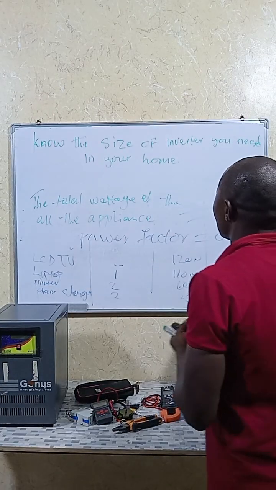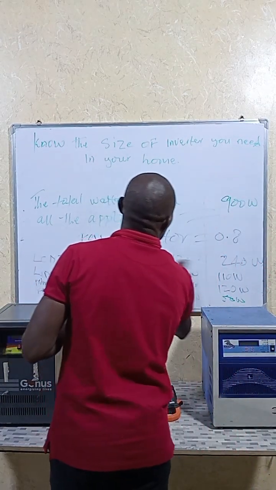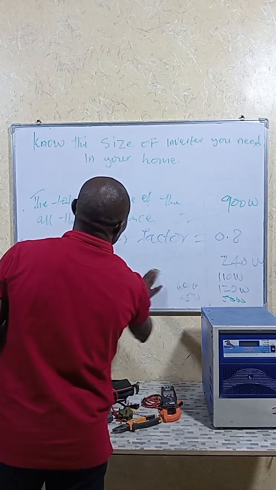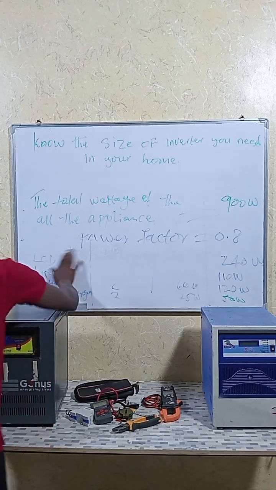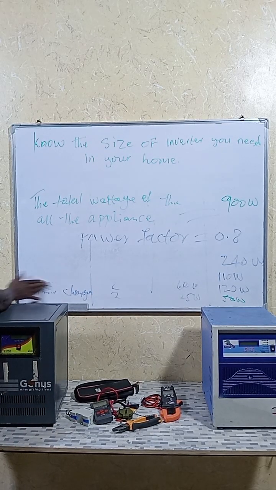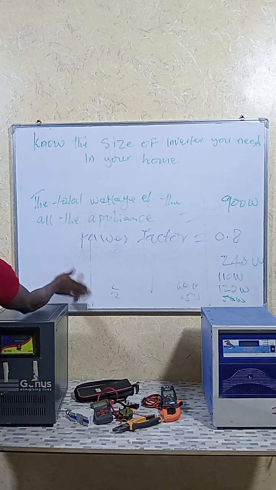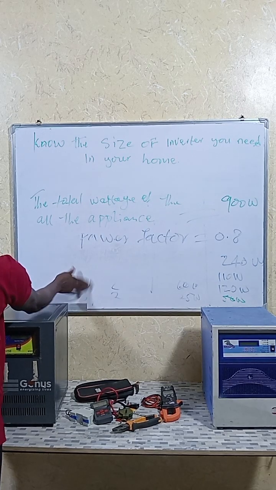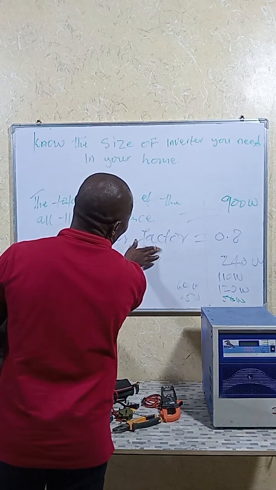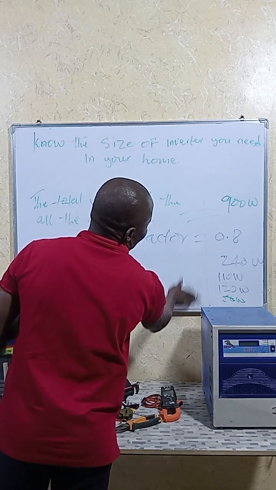When the power factor is 0.8, we have to calculate how we are going to arrive at the size of inverter needed in our home. We have gotten the total load we want the inverter to carry.